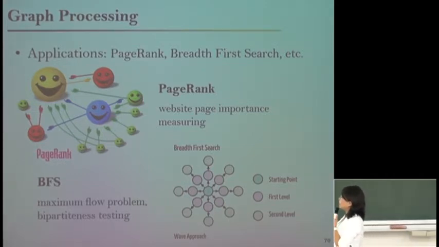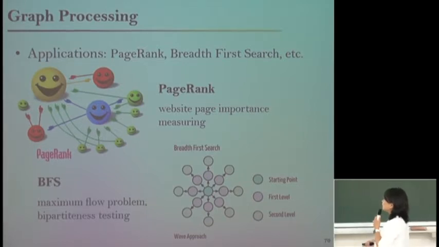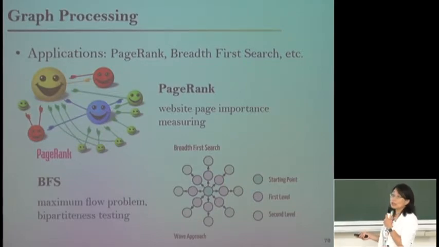Another example is breadth first search. Starting from one point, during the search it first covers its neighborhood points, and then expands the search scope bigger and bigger.